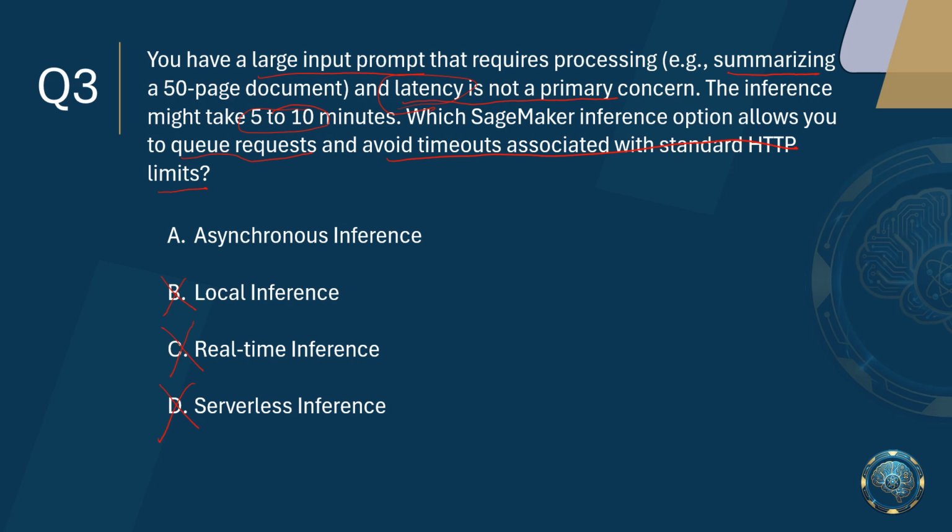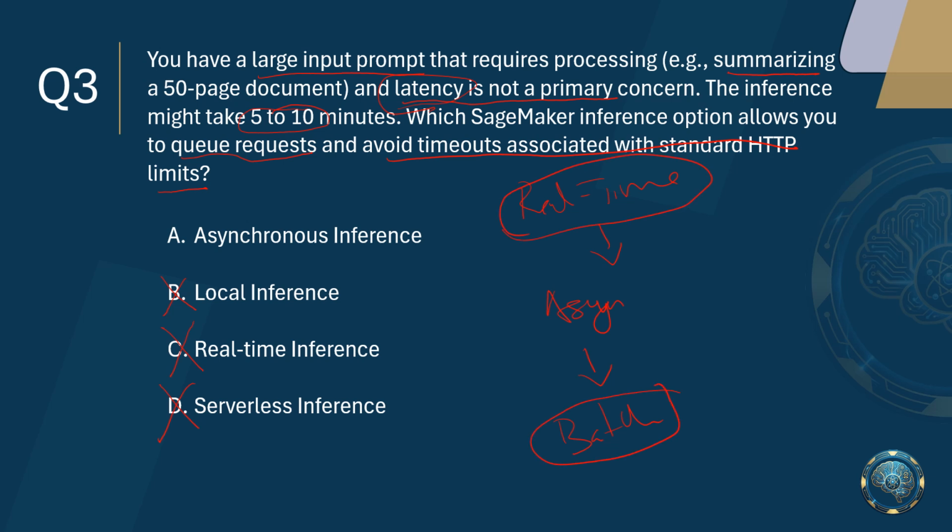For inference, we have three major categories. One is real time, the second one is async, and the third one is batch. Real time, simple example: you ask ChatGPT, what is today's weather? It will fire up the result within seconds. That is real-time inference.